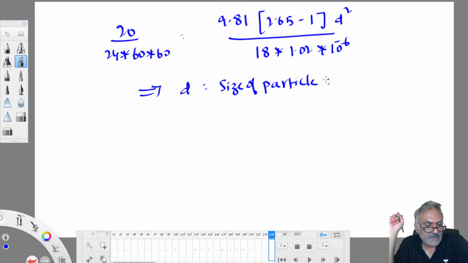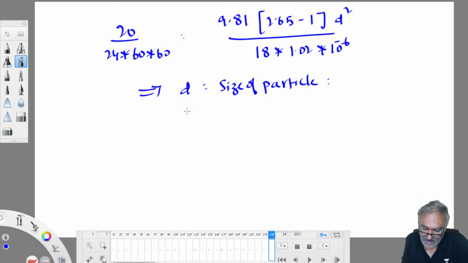So it is 18 into 1.02 into 10 power minus 6 into 20 by 24 into 60 into 60, divided by 9.81 into 1.65, under root. d square is equal to this, d is equal to how much?